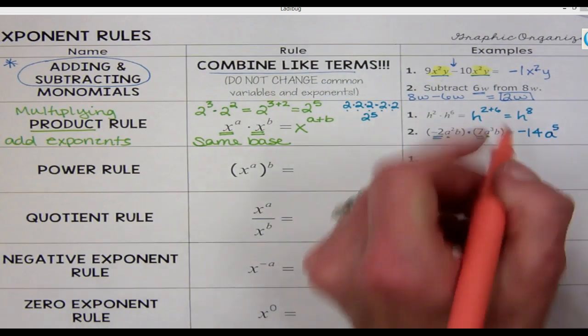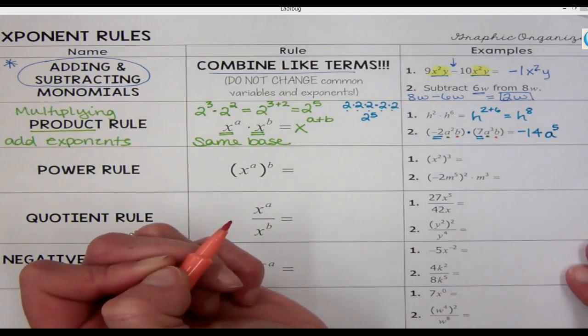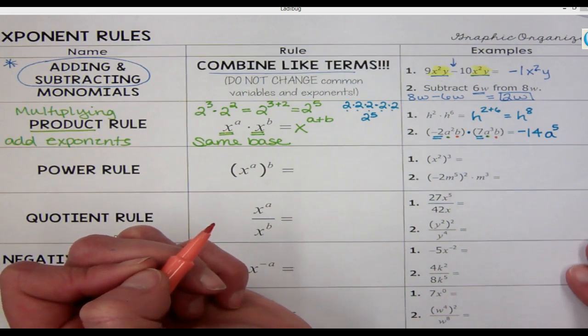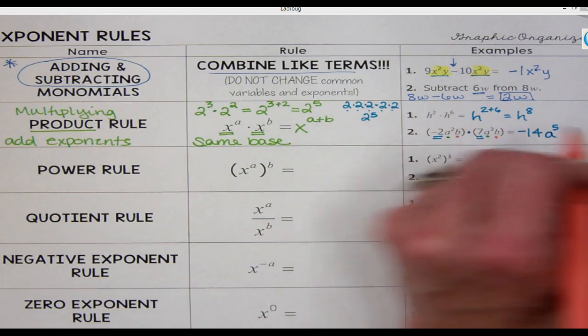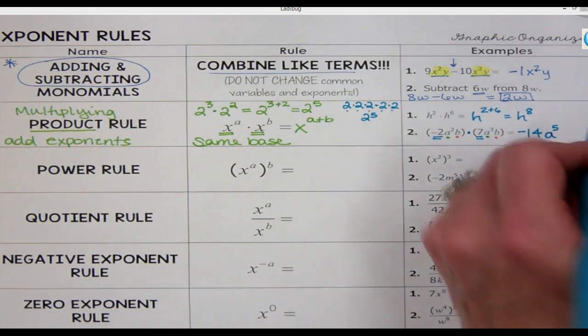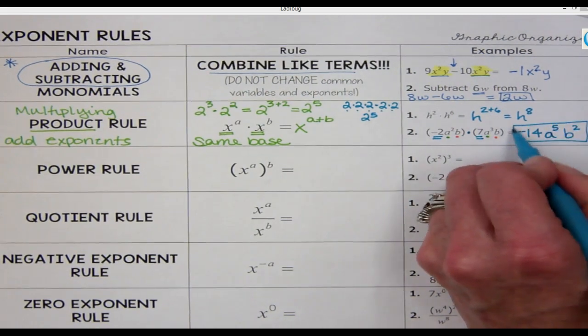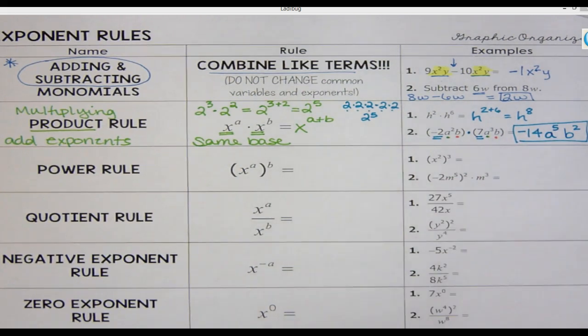Then if I've got b times b, neither one of them has an exponent written, so the automatic exponent is 1. So we're adding 1 plus 1, and that's going to give me b squared. Make sure you multiply, and then you're adding your exponents. The product rule only applies to your exponents.